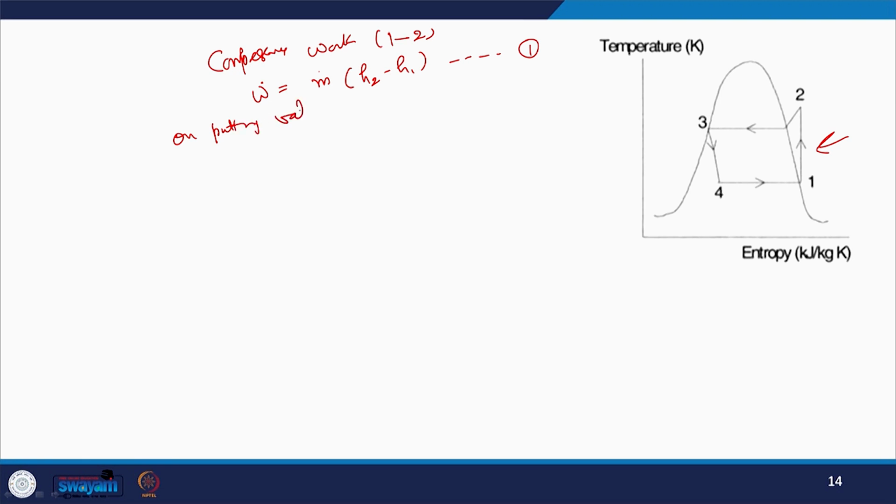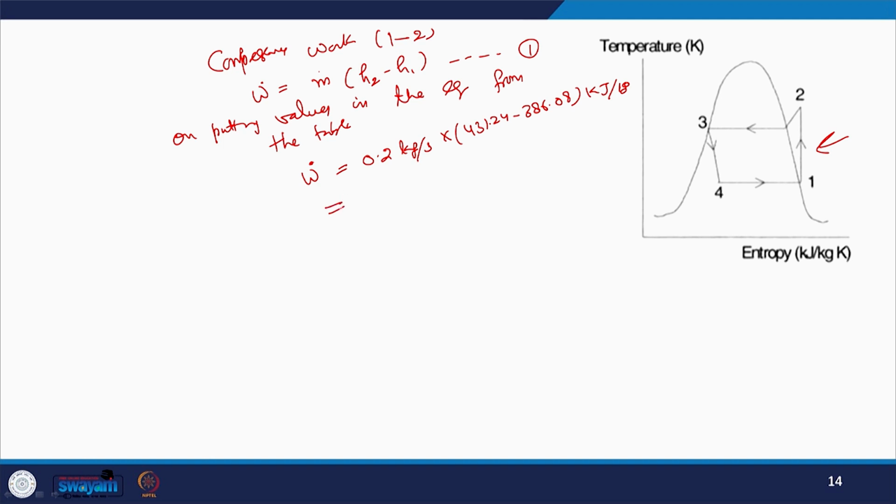On putting the values from the table, W is equal to 0.2 times (431.24 minus 386.08) kilojoule per kilogram. If we calculate, it comes out to be 9.0 kilowatt. So the work rate is 9.0 kilowatt, from stage 1 to stage 2.